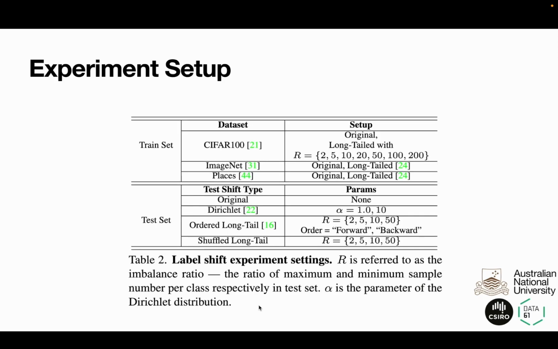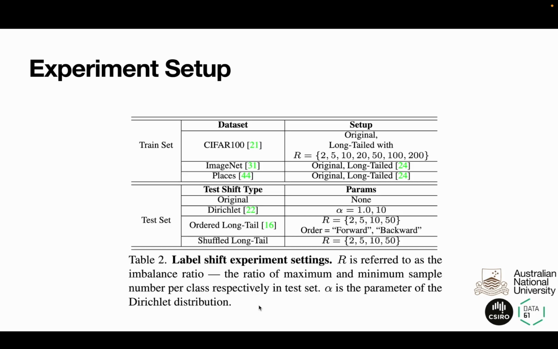We test our model on a variety of label shift settings. Firstly, we train the classifier on CIFAR-100, ImageNet, Places, and the long-tail version of each dataset. Then we use our model and previous models to adapt the classifier on different test sets, including the direct shifted test set, ordered long-tail shifted test set, and shuffled long-tail shifted test set.